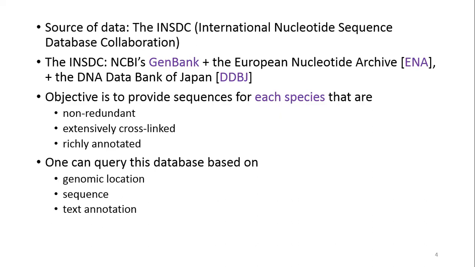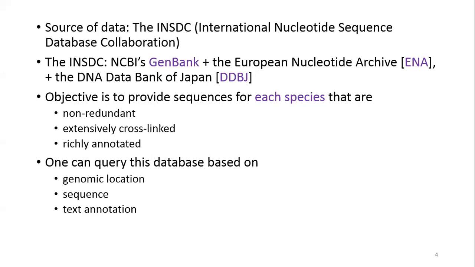Say, for example, if you know that the sequence you are interested in for a particular protein is 1000 nucleotides long, or some 3000 bases, then you can perform searches in such a way.